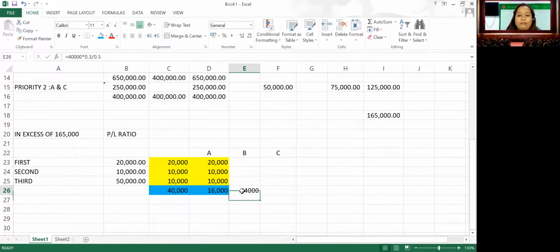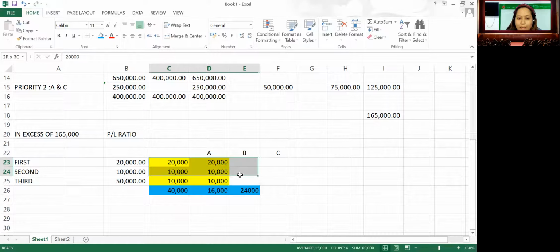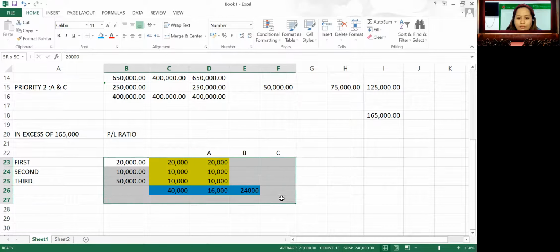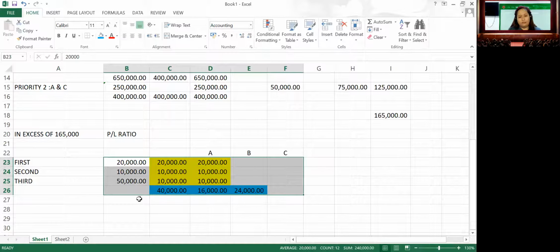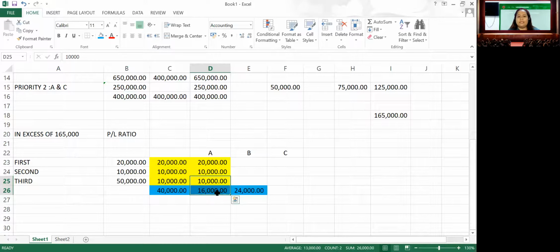Okay, so you have your 24,000. Okay? So ayan po yung ating mga distribution ng 50,000. Ibig pong sabihin, yung 50,000 natin, paano din-distribute? 26,000 kay A and then 24,000 kay B.